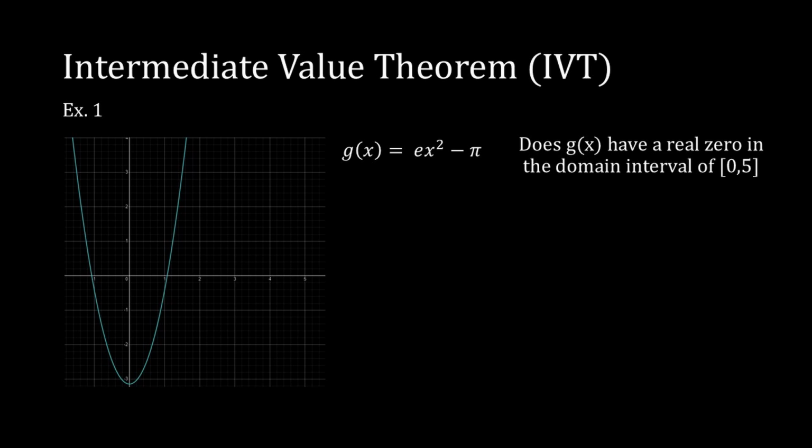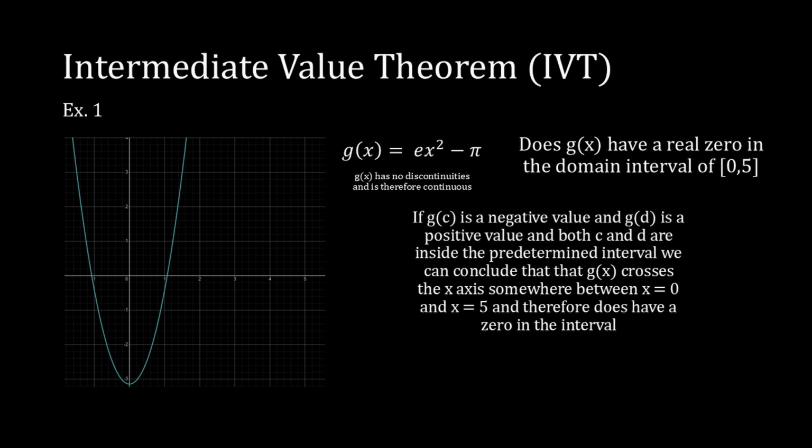Instead of having to solve out the equation, we can just show that it is continuous between x equals 5 and x equals 0, and then see if we can find both positive and negative values for g of x within that domain range. We will effectively be saying that since g of x exists in the domain on both sides of the x-axis, then it must have passed through the x-axis at some point in the given domain.